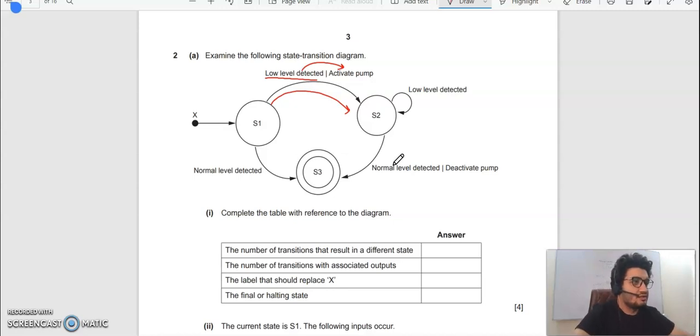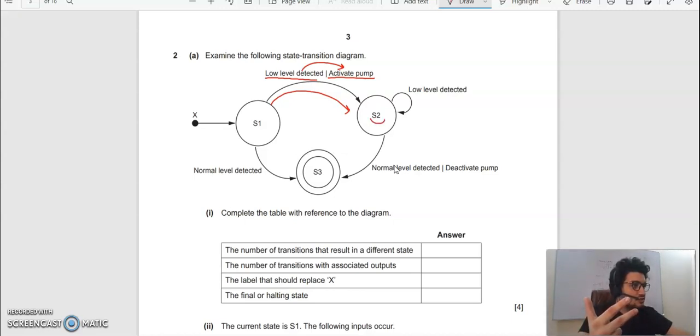As I said, you transition from one state to another, and there are just a few things: input, like based on what particular input you're going to transition to a particular state. The second thing is what is going to be a particular output based on a certain input, just like if low level is detected, go on and activate the pump. And the third thing is that there are going to be certain inputs which make you stay in the same state.